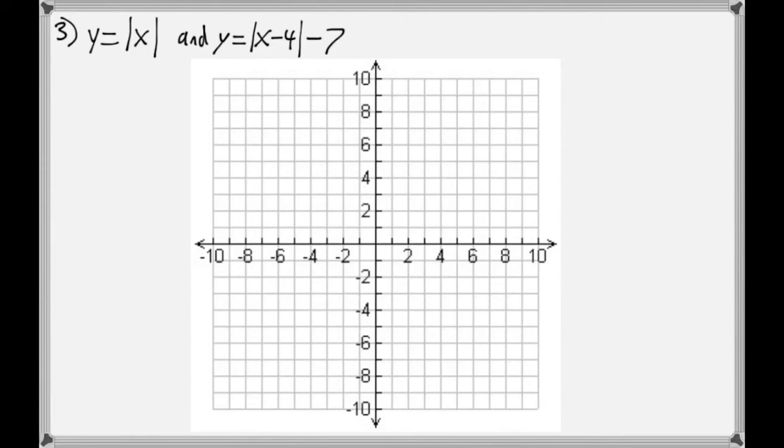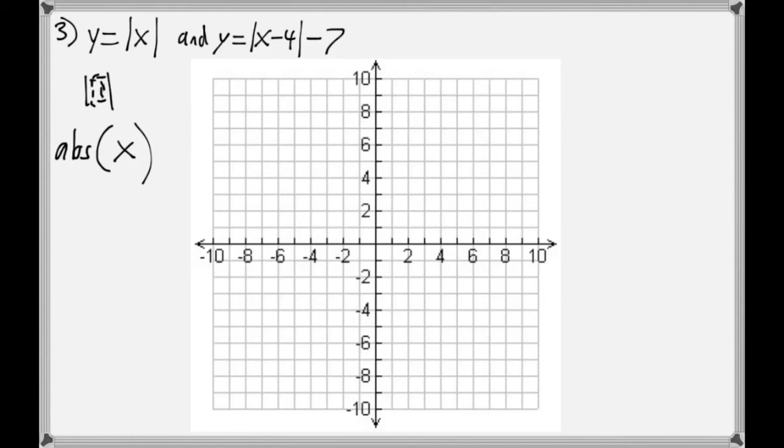Depending on your calculator, it may show up as the absolute value bars with a dotted box, or it may say ABS with a parenthesis, which you can put your x in and then close the parentheses. So it'll look one of those two ways in your calculator.